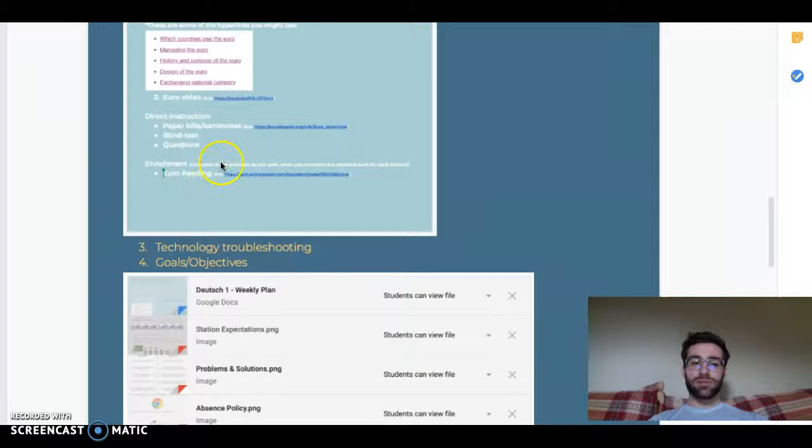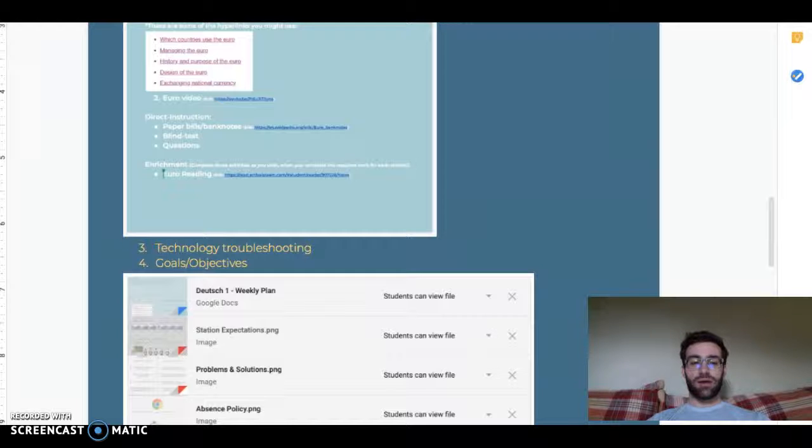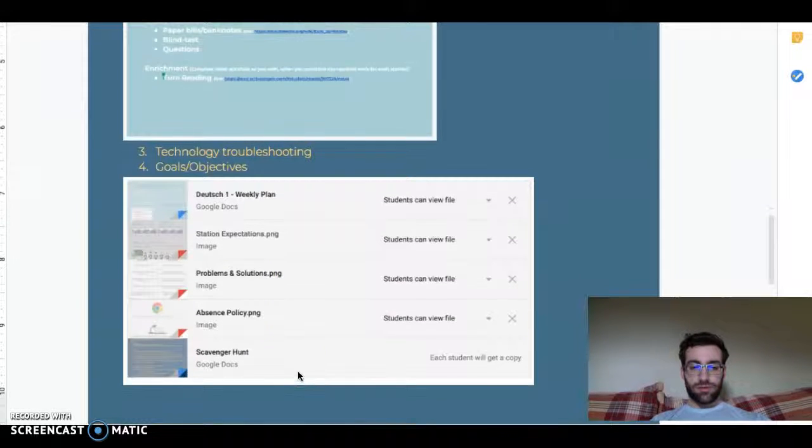Lastly, I have an enrichment activity listed, which is actually through Actively Learn. This activity should be completed if they complete any of the other assignments in their individual groups as they're rotating. The third thing I have down here listed is the technology troubleshooting. That is also in my Google Classroom assignment, so that's listed under problems and solutions.